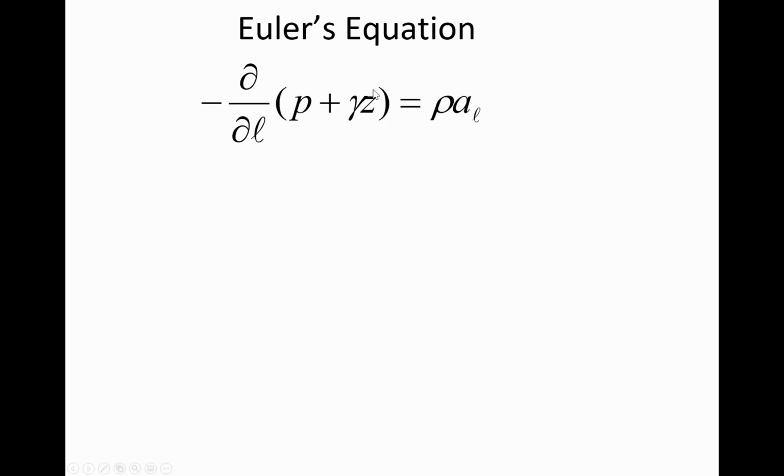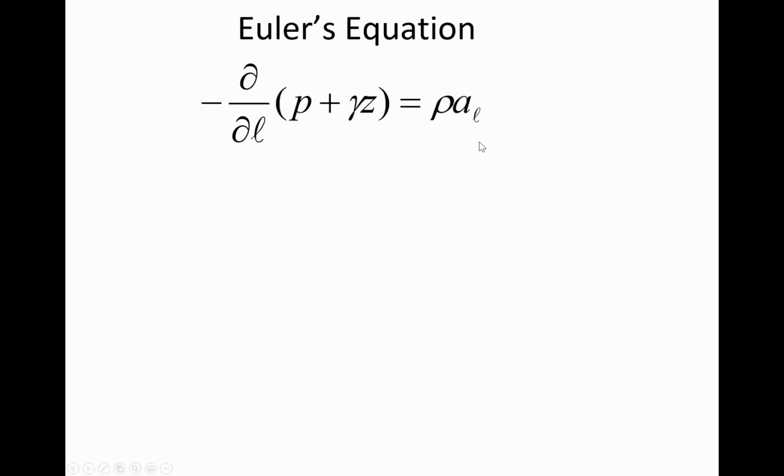But if you think about a big bucket of water, and you suddenly move to the side, then the liquid surface is going to change because of that acceleration. And what Euler's equation says is that an acceleration of fluid changes the sum of the pressure plus gamma z. And gamma z is the part of it that has to do with the elevation of the liquid. P is the pressure component of it.